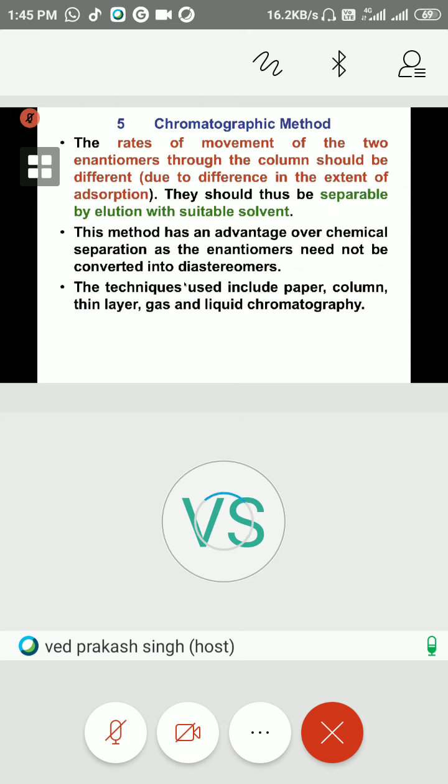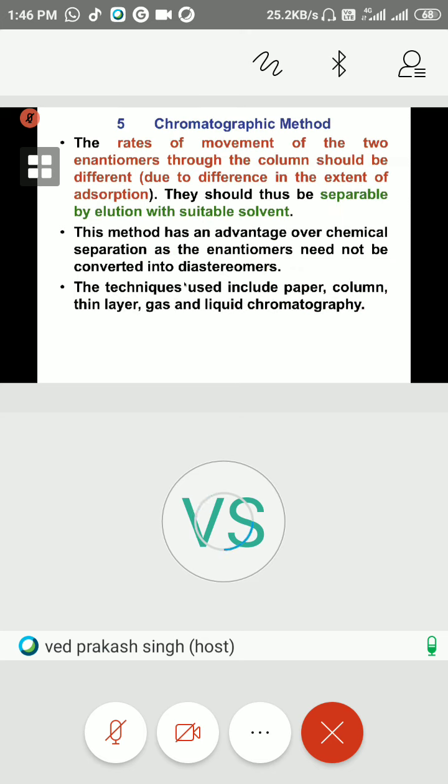Relative configuration is the relative arrangement of groups. For example, here configuration A was arbitrarily assigned to designate the configuration of plus glyceraldehyde.